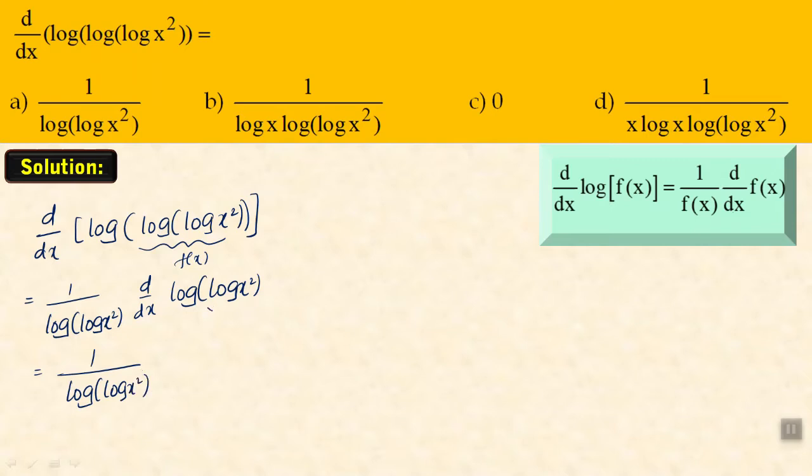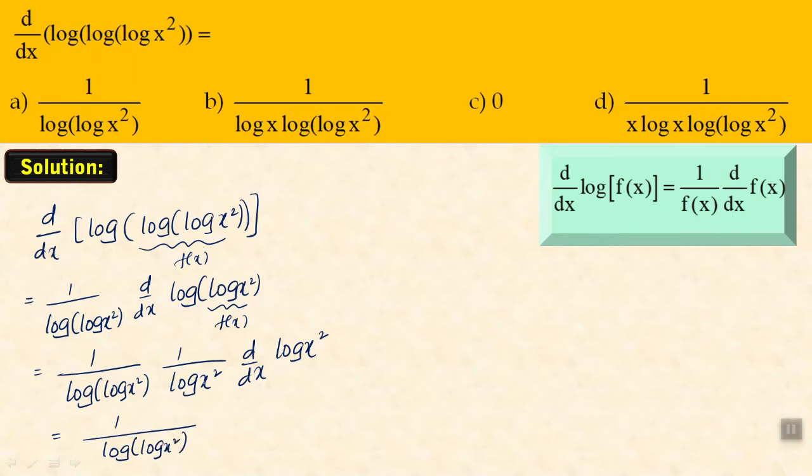Here again consider log x square as f of x. Now applying this formula here, 1 by f of x, that is 1 by log x square, into d by dx of f of x, that is log x square, is equals to 1 by log x square into d by dx of log x square.